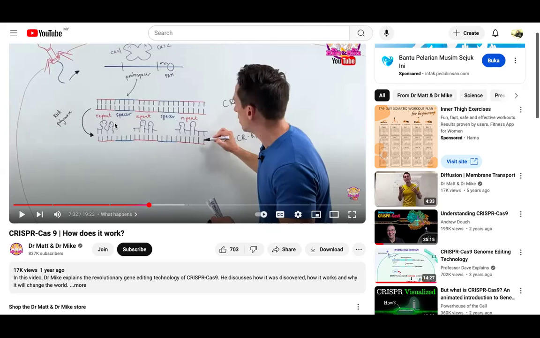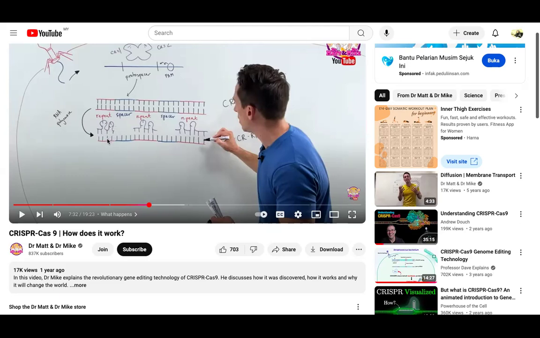This tracer RNA has certain parts that match the repeat, the red one, but certain parts do not match. That's why it has some curves and some straight parts: where it matches and where it doesn't.